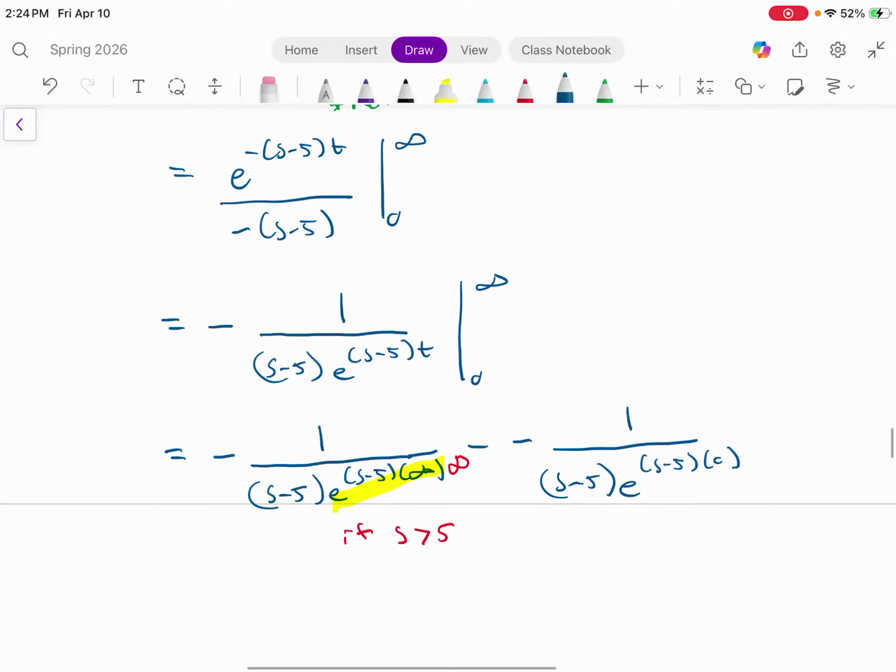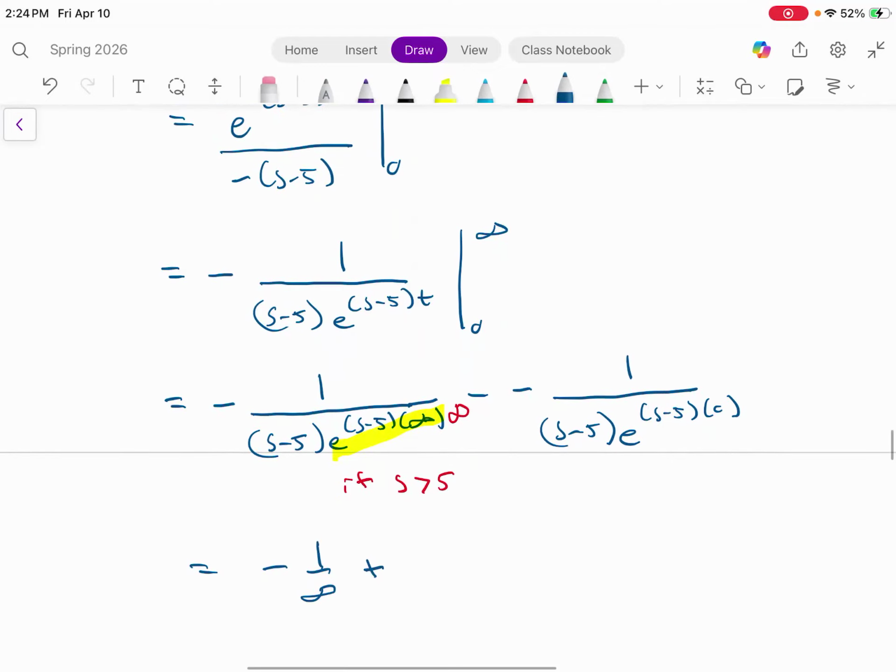Okay, so if that goes to infinity, what I end up with is -1 over infinity. And then my right side term, this just goes to e to the 0, which is just 1. So what I'm left with is just positive plus 1 over s minus 5. -1 over infinity goes to 0.